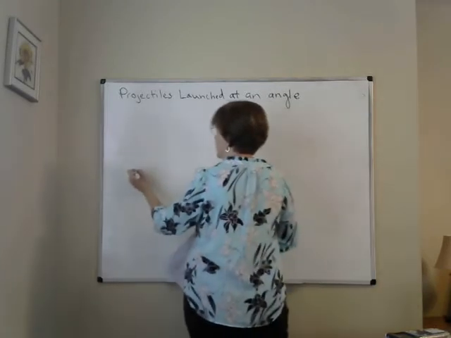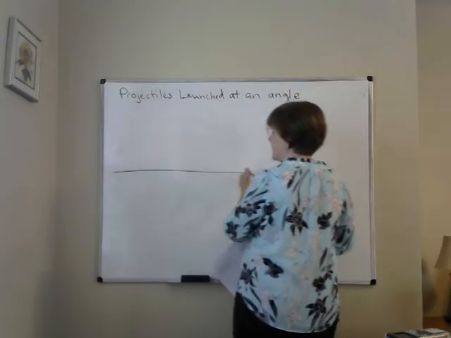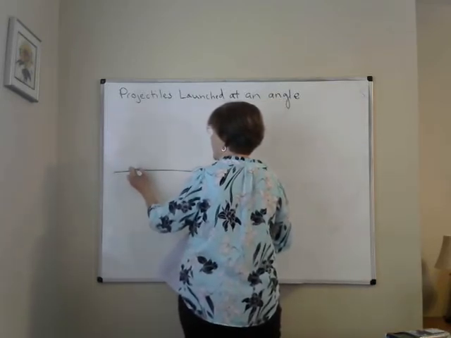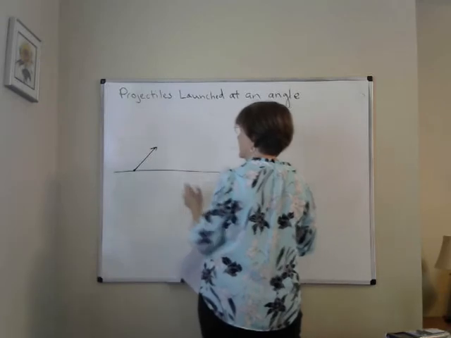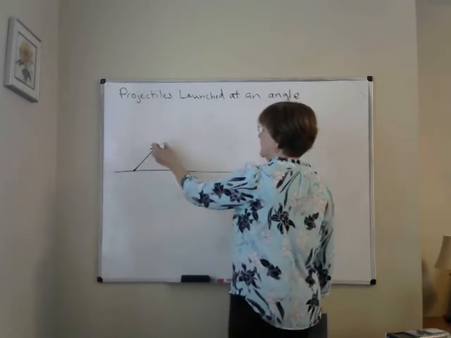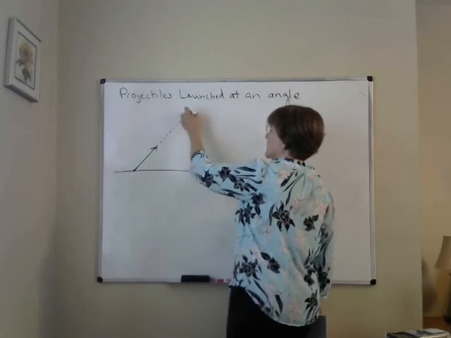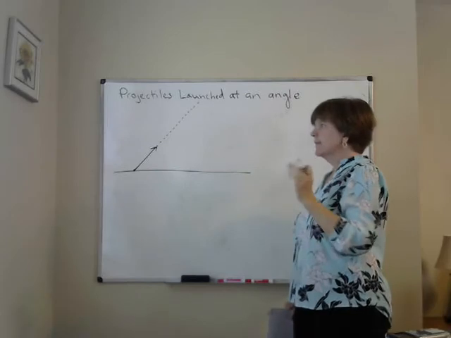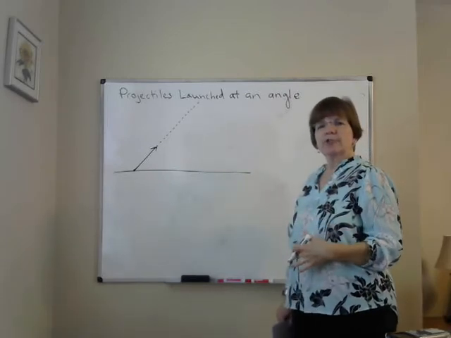If you have something like a football and you kick it, when you launch that football, you launch it at some angle, like this. If there was not any gravity, it would travel in a straight line forever. But because there is gravity, the vertical motion is going to be subject to change.